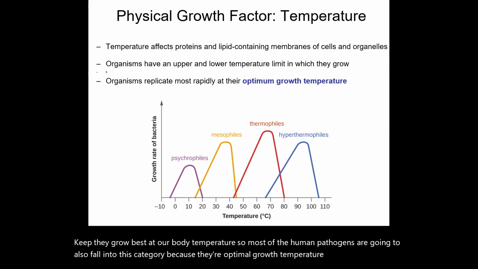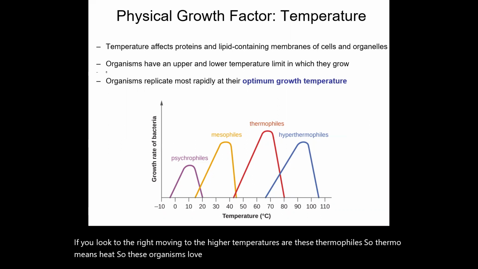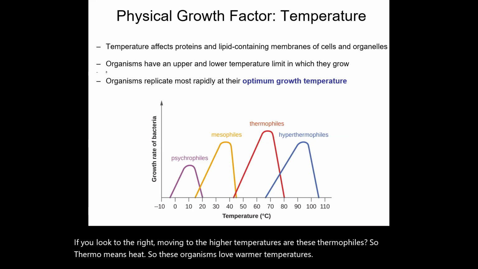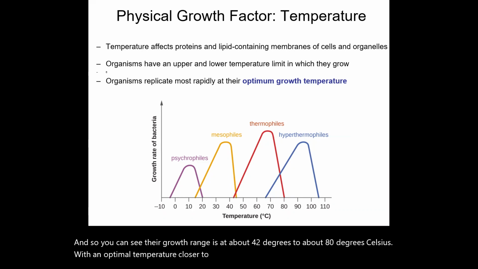the same as ours. If you look to the right, moving to the higher temperatures are the thermophiles. So thermo means heat. So these organisms love warmer temperatures. And so you can see their growth range is at about 42 degrees to about 80 degrees Celsius, with an optimal temperature closer to 70 degrees Celsius.